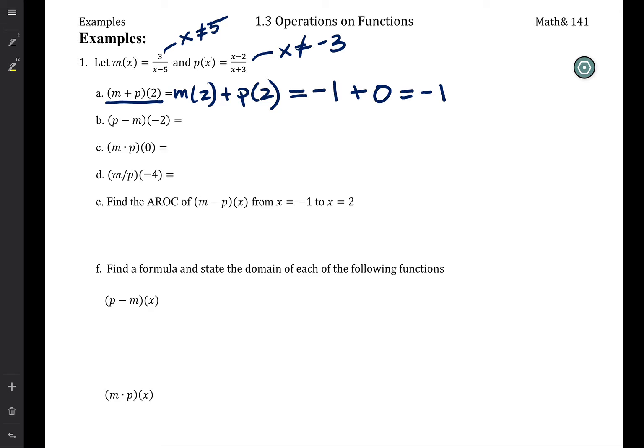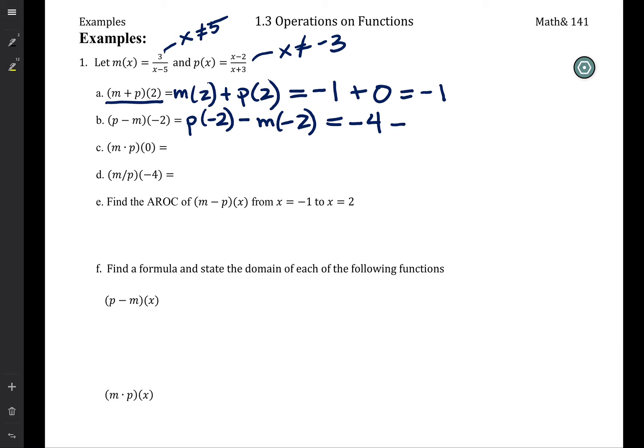Similarly, p minus m of -2, you could get that by finding p of -2, finding m of -2, and subtracting. So p of -2 is going to be -4 on top and 1 on the bottom. -4 over 1 is just -4. And then we're subtracting m of -2.